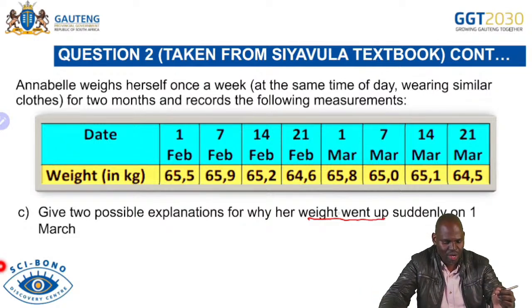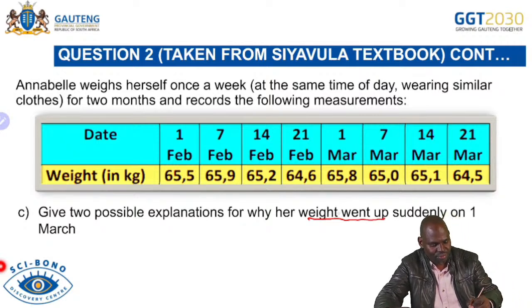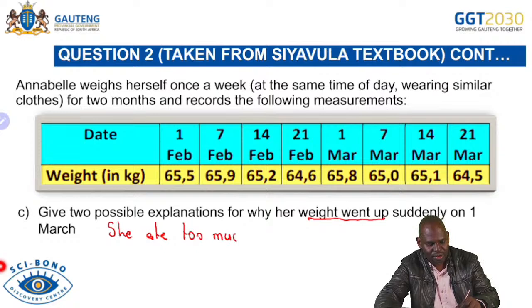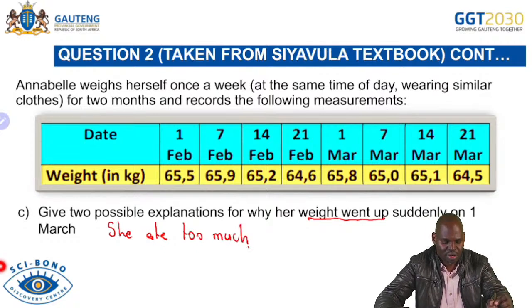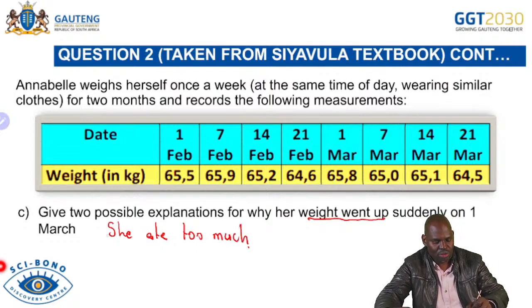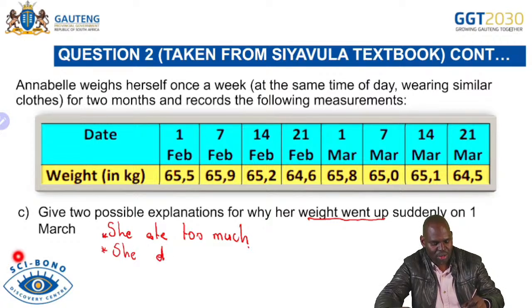Okay, so one of the reasons is maybe she ate too much. It could be one of the possible reasons. Okay, and then maybe if she was exercising, in this case maybe she stopped exercising.